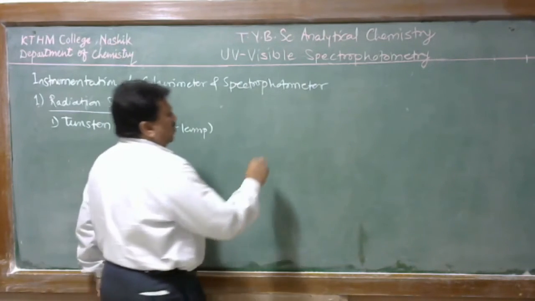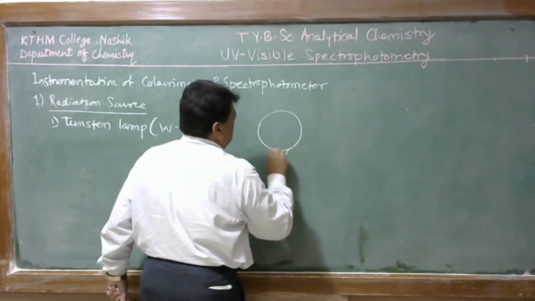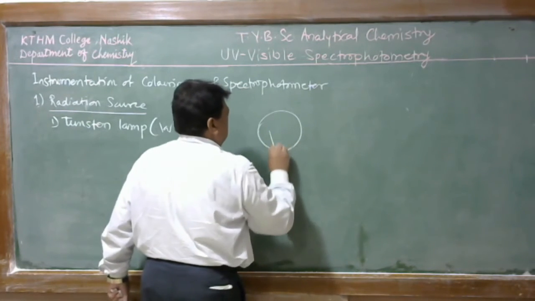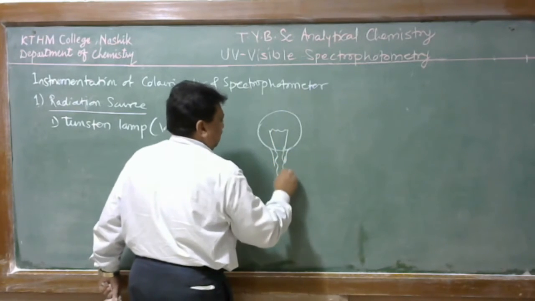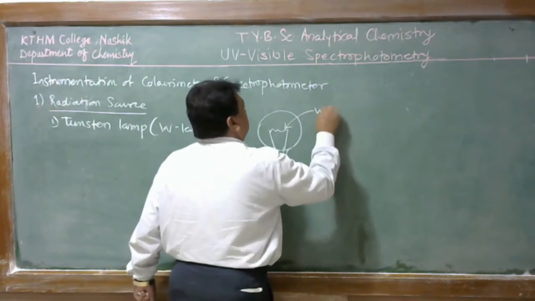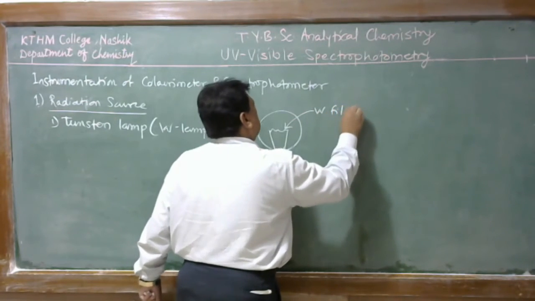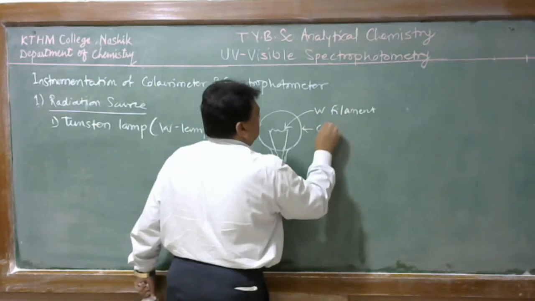This source is similar to our household lamp. Here this is a tungsten filament which is placed here, a tungsten filament. Here this is a glass bulb.